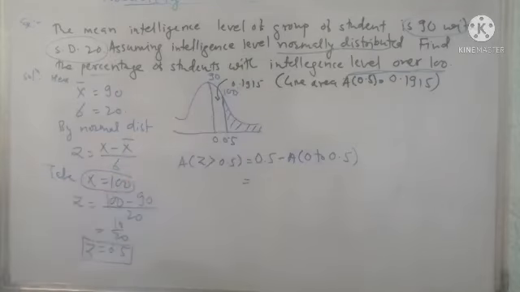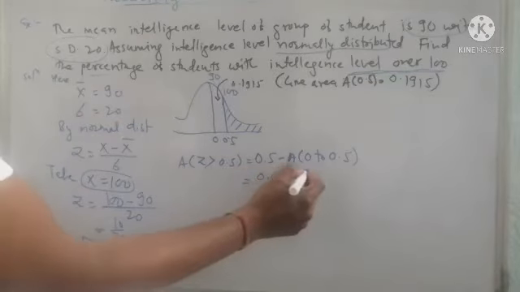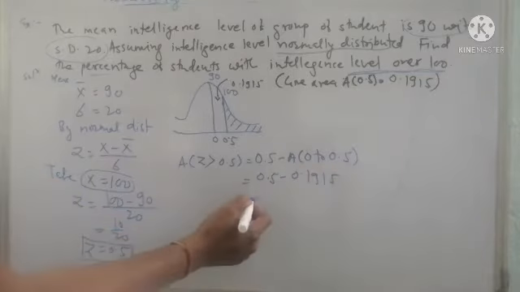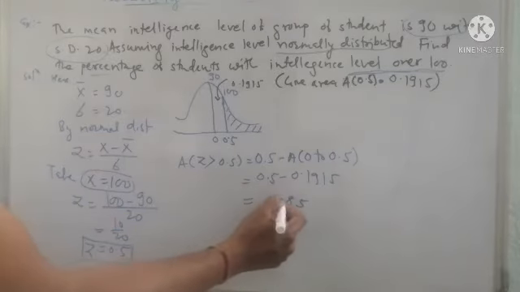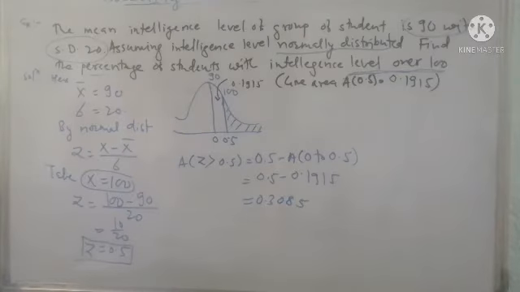So the shaded area which we have to calculate is equal to 0.5 minus this given area, which is 0.1915. By simplifying this we get 0.3085.